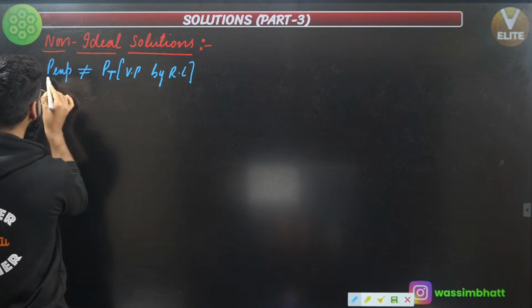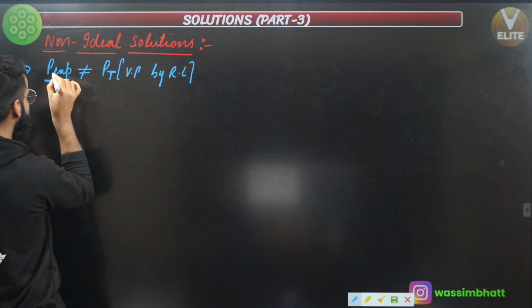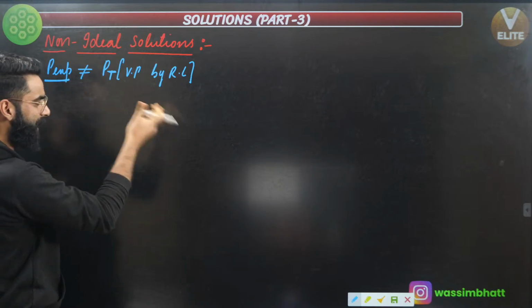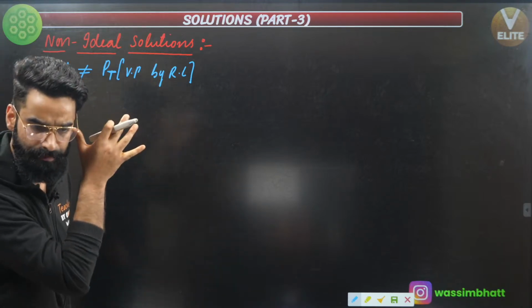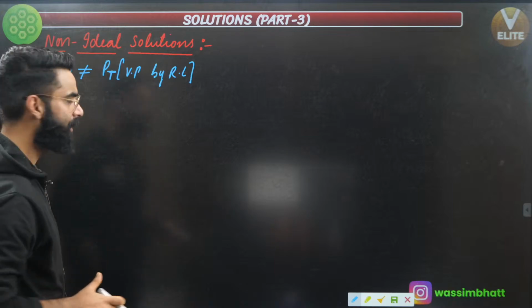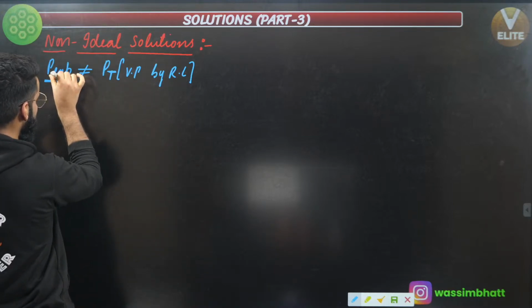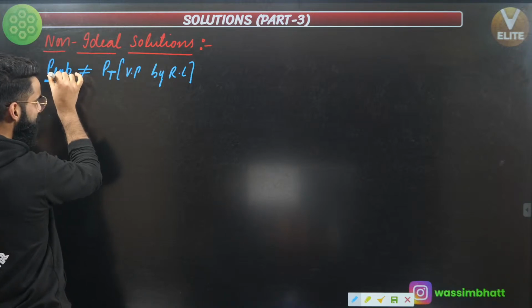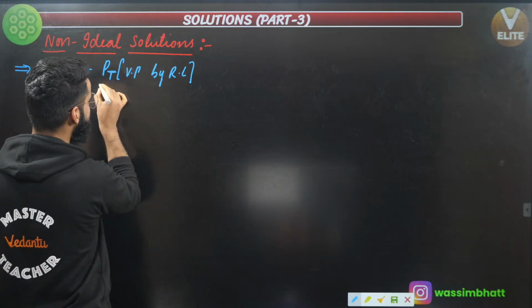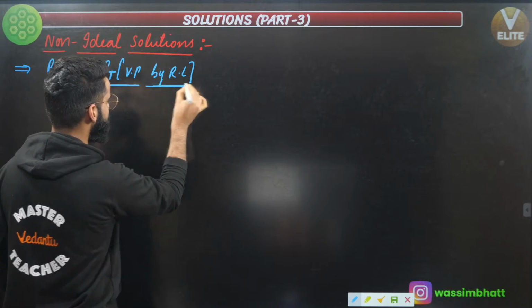The experimentally determined vapor pressure is the vapor pressure of the solution which we measure using an instrument called a manometer, correct? So in case of non-ideal solutions, the experimentally determined vapor pressure measured by means of a manometer is not equal to the theoretically determined vapor pressure which is calculated by means of Raoult's law.